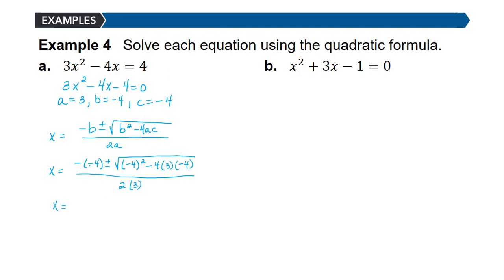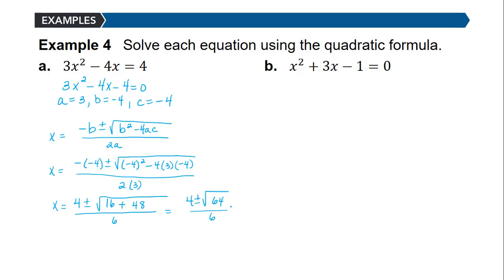So simplifying, the opposite of negative 4 is 4, plus or minus the square root of negative 4 squared, which is 16. And then be careful here, a negative times a negative is positive, and 12 times 4 is going to be 48. And then that is all divided by 6. So we get 4 plus or minus the square root of 16 plus 48, which is 64, divided by 6.